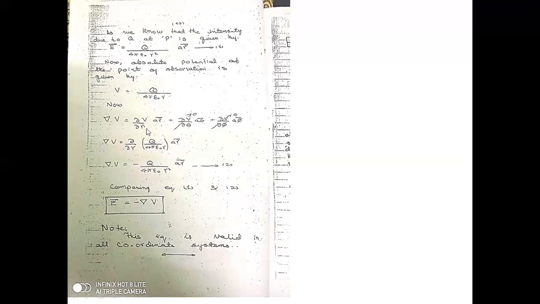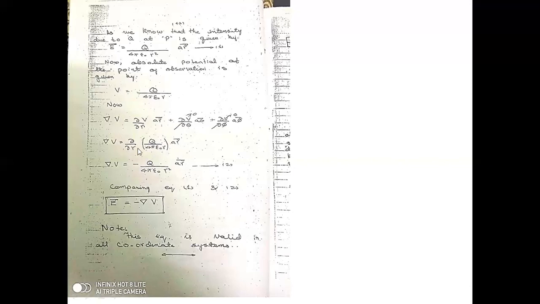So we are left with only the r term. Taking the derivative of Q over 4 pi epsilon naught r, the rest of the terms are constants, so 1 over r is the only variable.